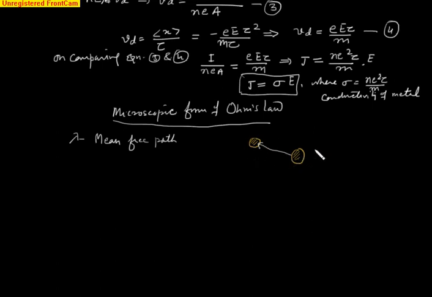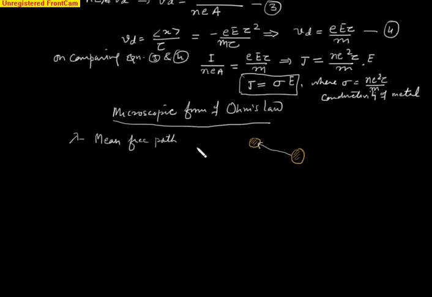when moving under the effect of thermal conditions. That means before applying the electric field, when the electron is moving, even then it is colliding with the particles or cores, and the average distance traveled at that time, in the absence of electric field, is called the mean free path.